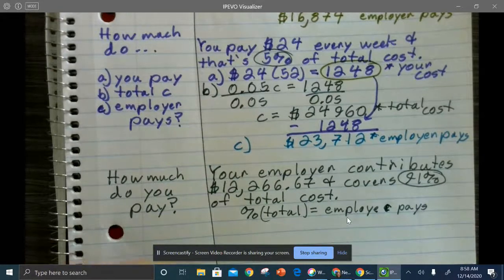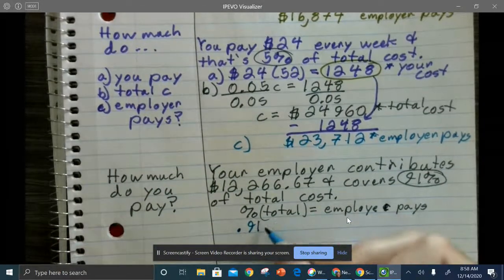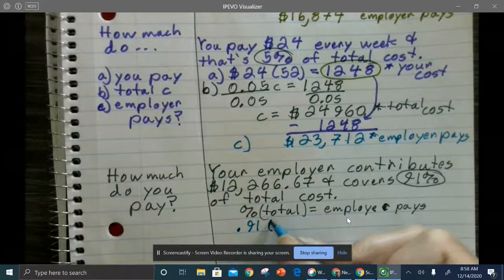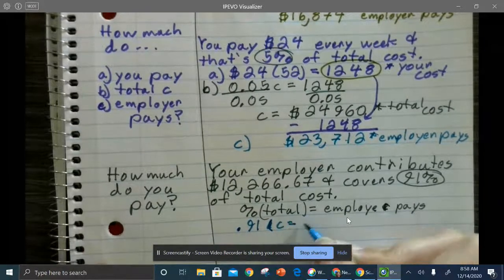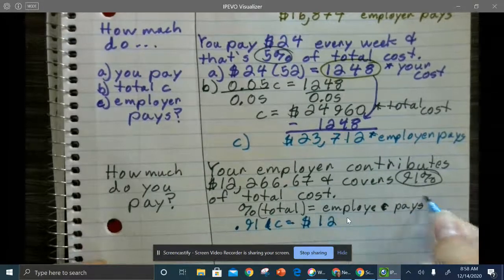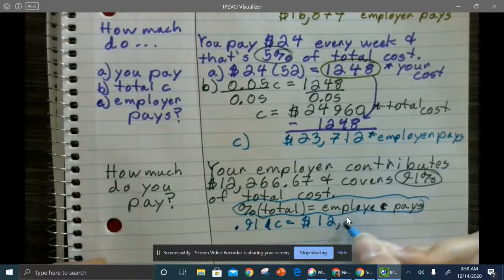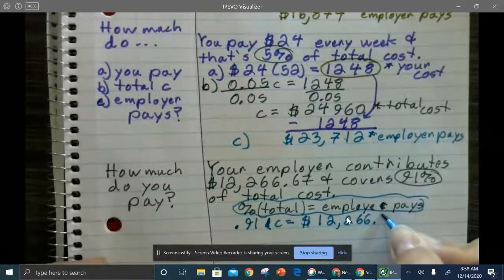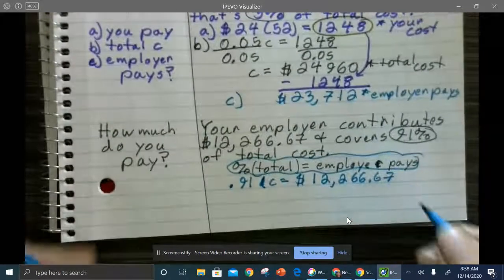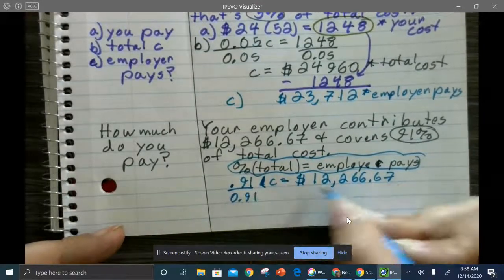So we're going to use 91% as a decimal. Times what the employer pays. So everybody, we're using this one. 12,266.67. Okay. Divide each side by 91% as a decimal.